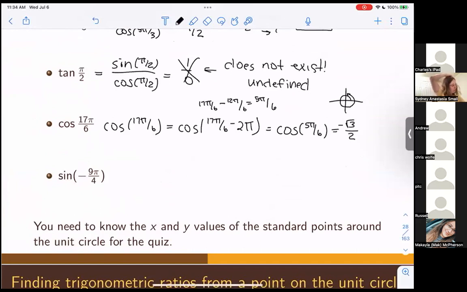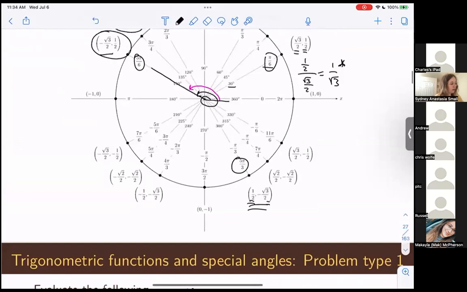Okay, one more. Sine of negative 9 pi over 4. So if we follow our unit circle around negative 9 pi over 4, that is also bigger than 2 pi.